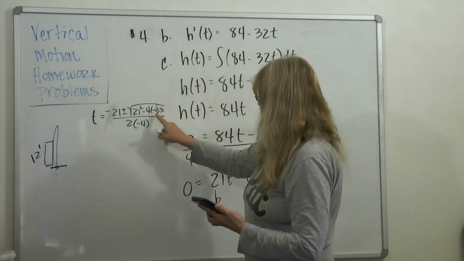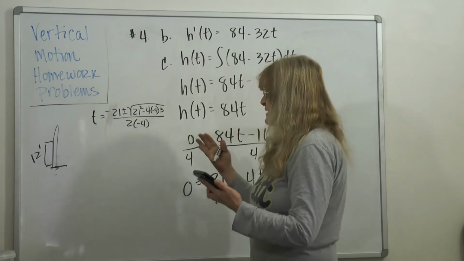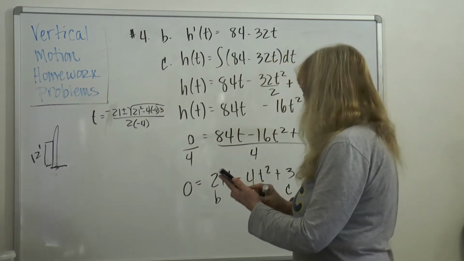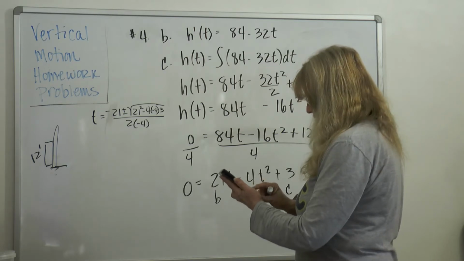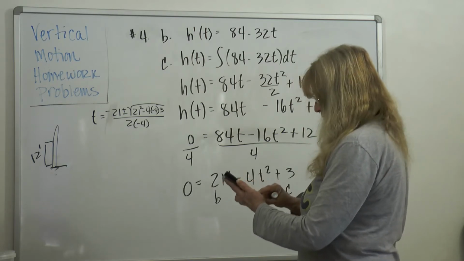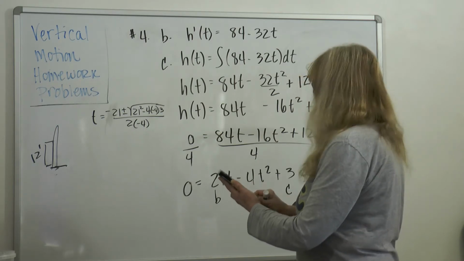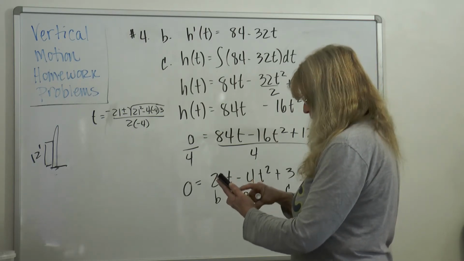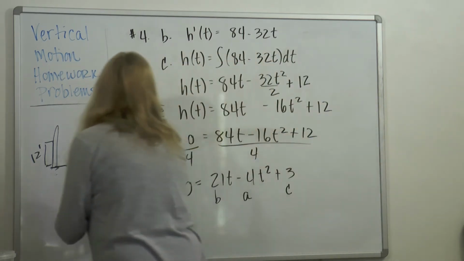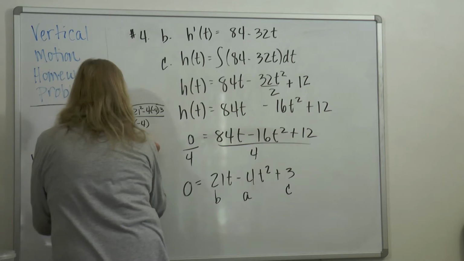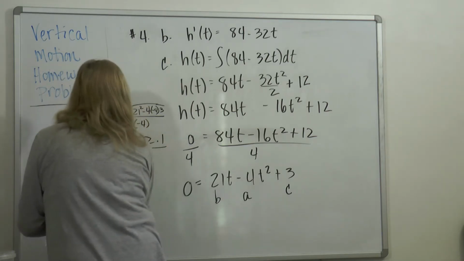And then negative times a negative is positive, times another positive is going to be positive. The 441 plus 16 times 3, and square root. Okay, so t is going to be negative 21 plus or minus 22.1 over negative 8.